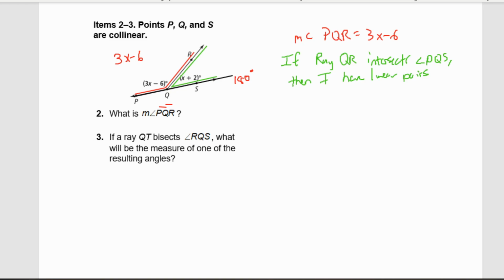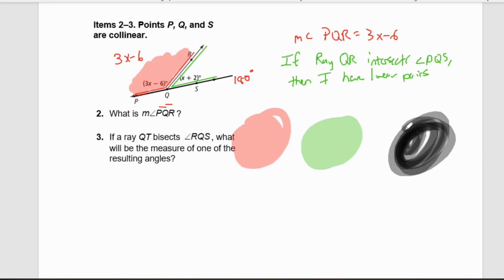And what that will look like is, well, I've got red. So I'm just going to kind of highlight this area. So everything inside of this angle can be added to everything inside my green angle. And that would have to come out to what is inside of my black angle. So let's hope my color choices have not hurt me too much here.